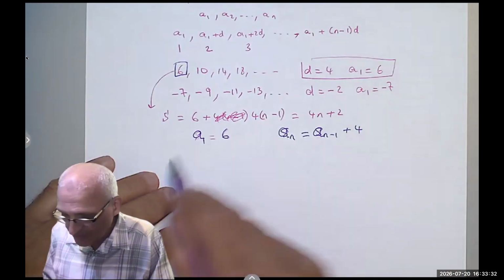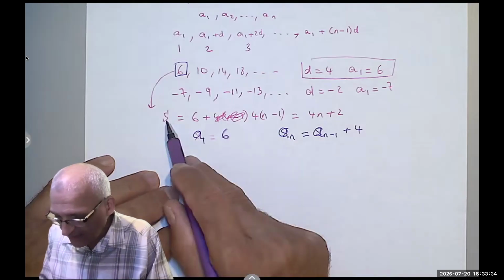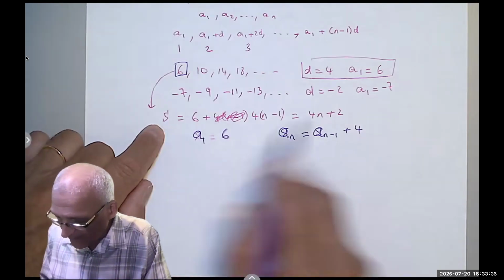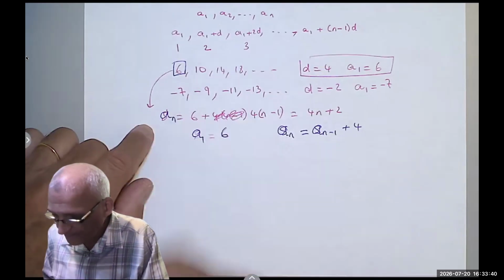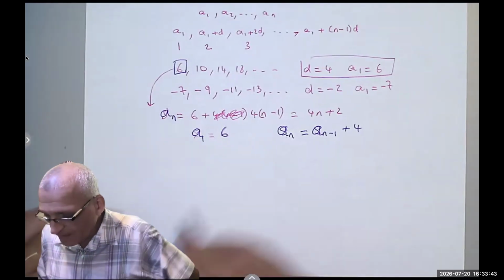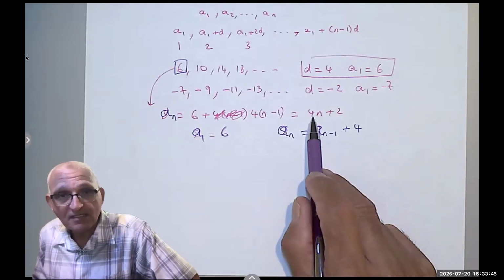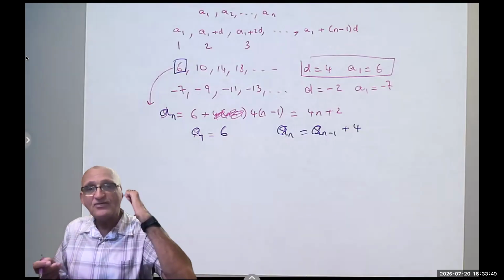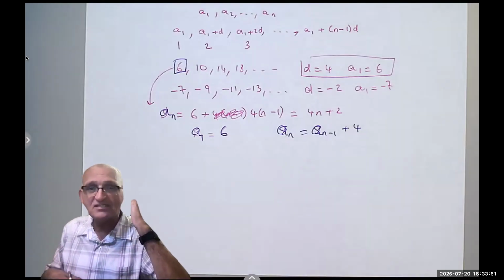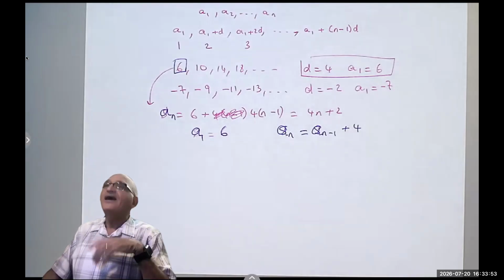And that's all we need to say about sequences. I can write a sub n explicitly or as a recursive equation. Give me the previous one and tell me how much bigger this one is. So it's like, I'm lazy.